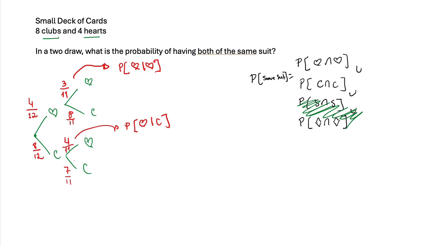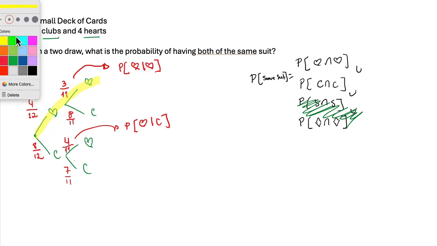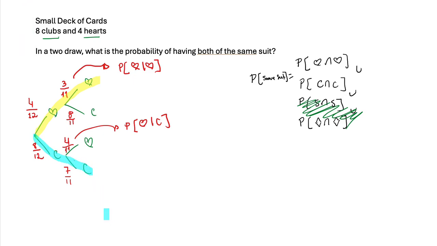The question is, what is the probability of having both of the same suit? Well, the probability of having both of the same suit is having this situation, probability of hearts and hearts, so it's having both events happening, or the probability of having clubs and clubs.